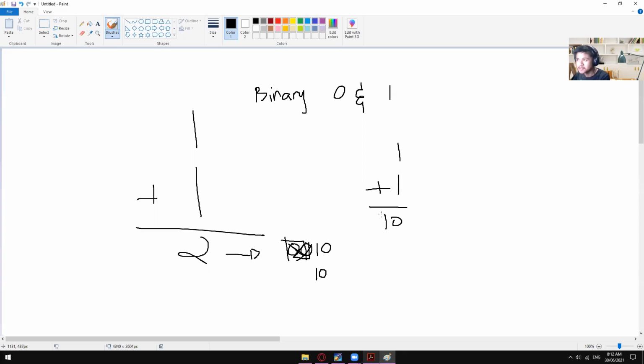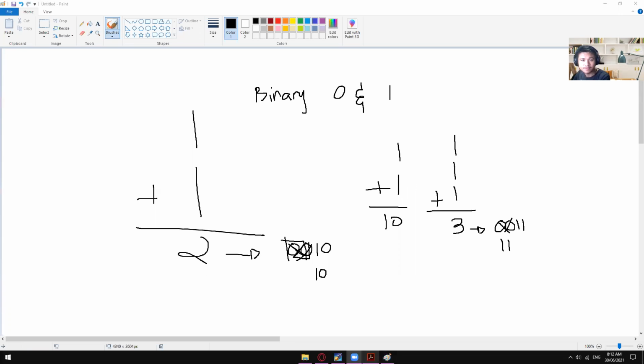Okay? So the same concept with 1 plus 1 plus 1. The three ones should be 3, right? But in binary, it's 0, 0, 1, 1. So we can remove the leading 0s again. So the final answer would be 11, or 1, 1.